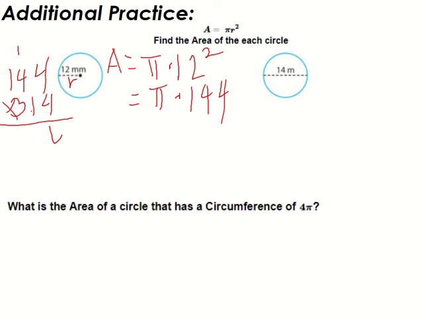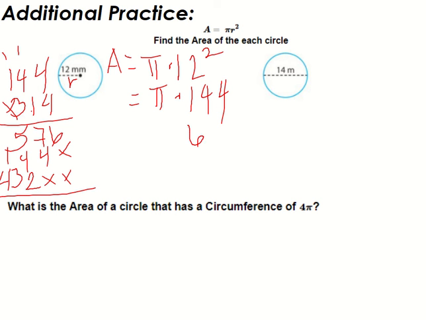So we're going to take 144 and times it by 3.14. So we get 576, 1440, 4320... we add them together and we had two decimal places, so we move the decimal over twice.